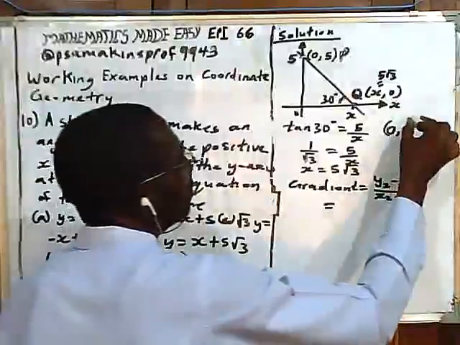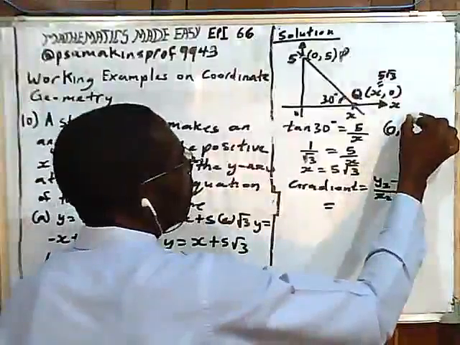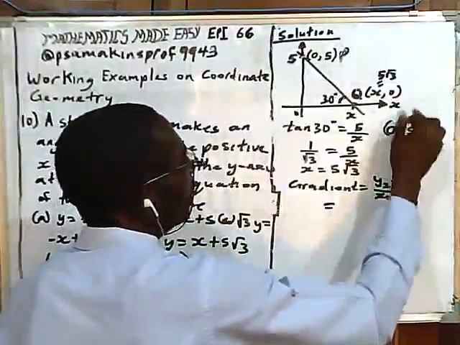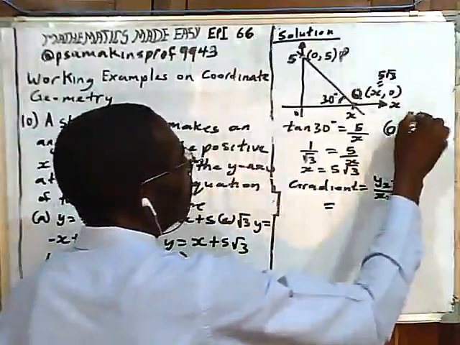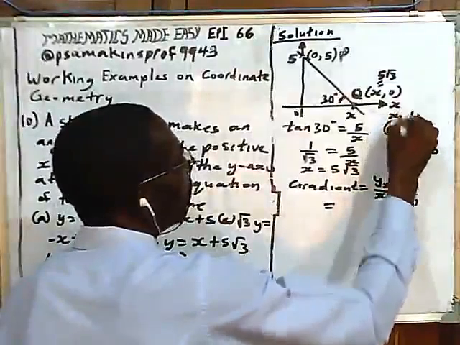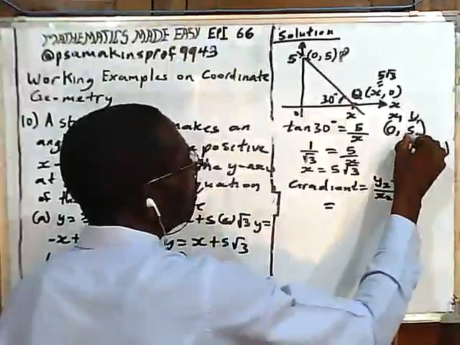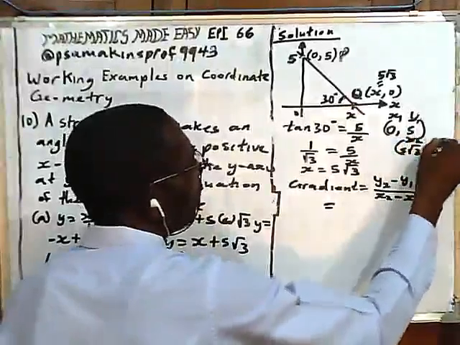Let's make this one x1, y1 and this one x2, y2.